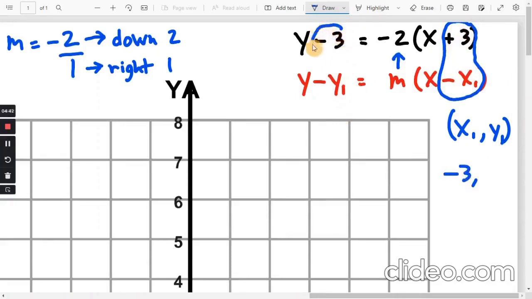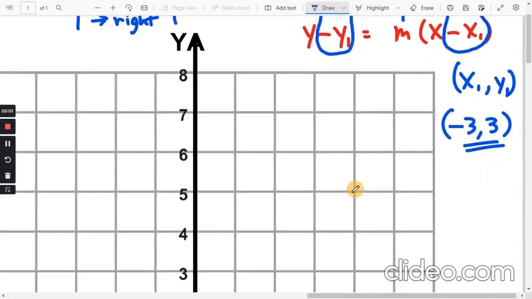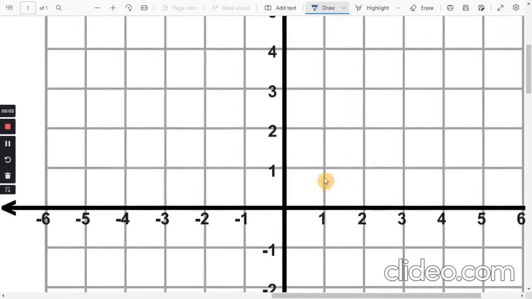If you see that negative y1 is -3, that means y1 is positive 3. So x1 is -3, y1 is positive 3. This is going to be a starting point. So let's do -3, 3. This is x equals -3.